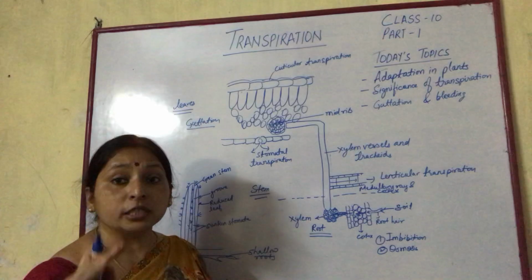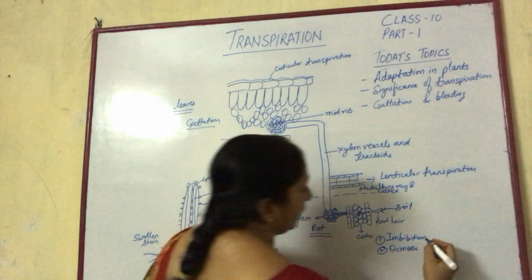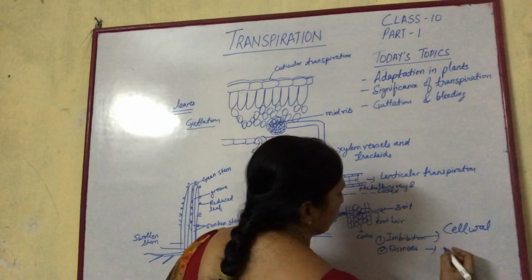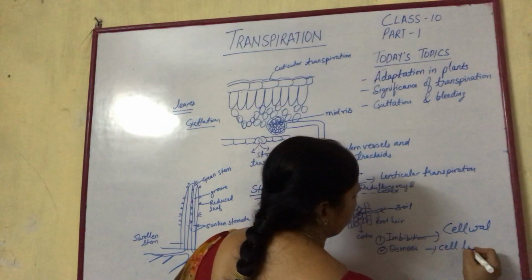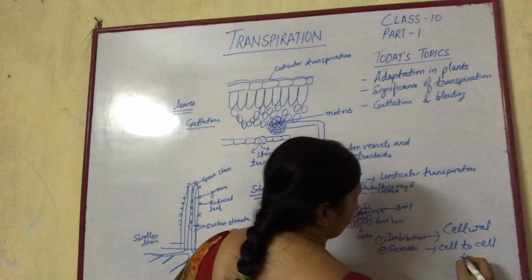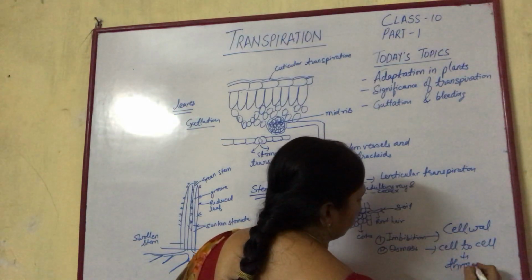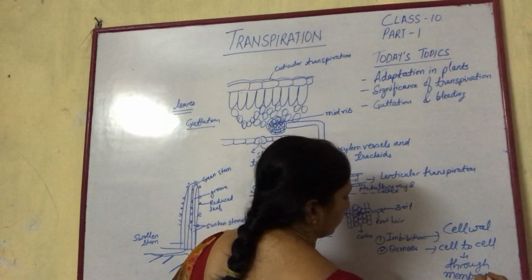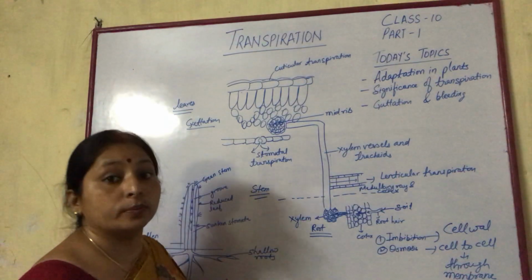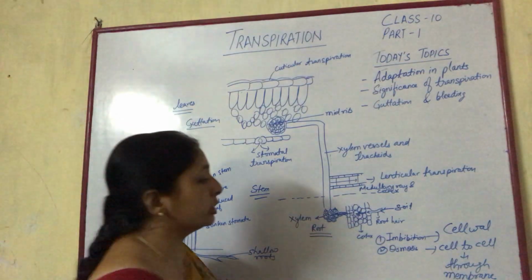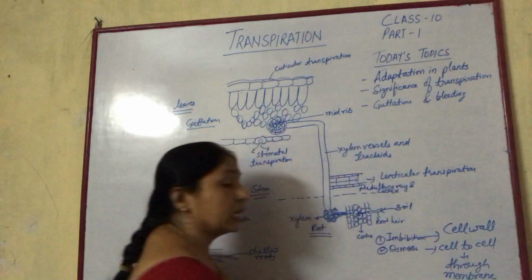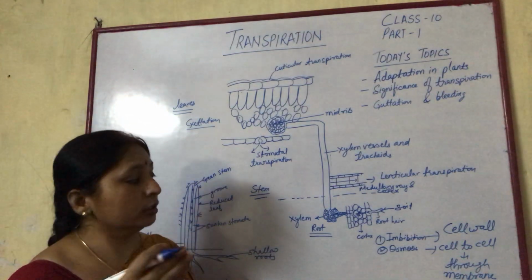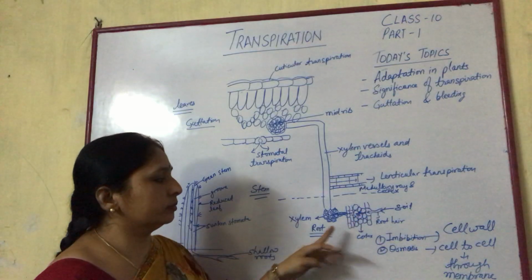Imbibition is through the cell wall, while osmosis is from cell to cell through the membrane. The cell wall is freely permeable, so it allows easy movement of water through the cell wall.